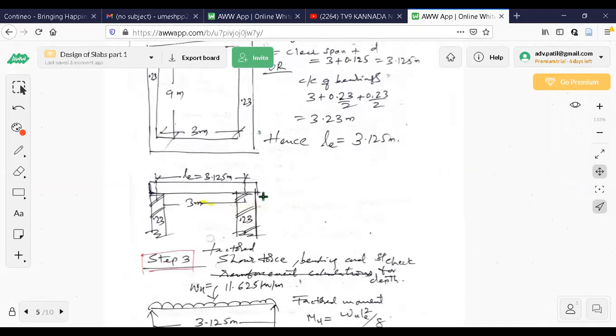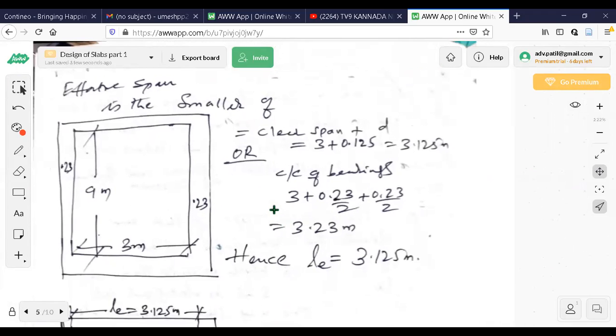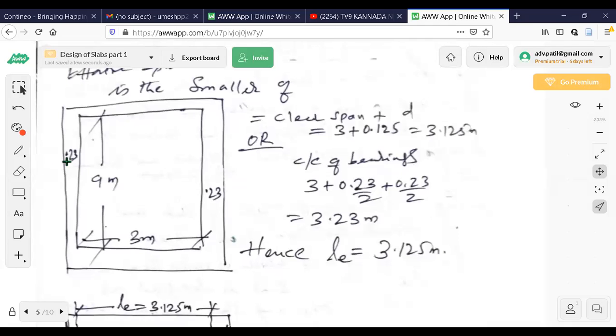This page is not blurred, it is clear now. So effective span: now you can see these dimensions. 0.23 is given in the problem. 230 mm is the support thickness. Maybe it is a column or a load bearing wall, you can assume anything here. The inside dimensions are given as 9 meter by 3 meter.